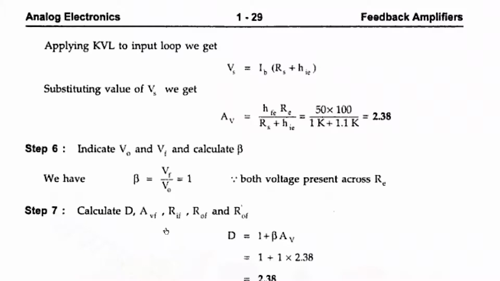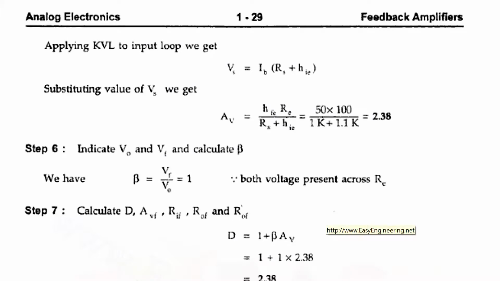Now, very easy. Based on whether it is voltage series feedback, voltage shunt feedback, whatever, the gain is either multiplied or divided by 1 plus A beta.